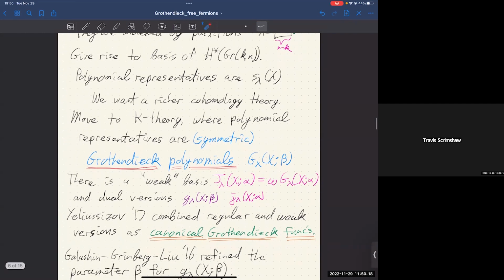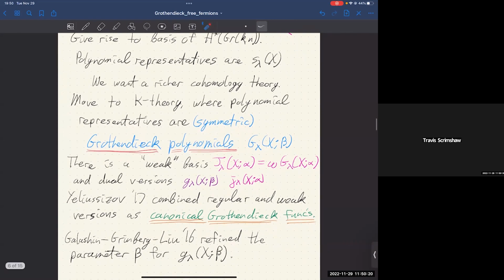And we want polynomial representatives. And we know what these are. These are these things called symmetric Grothendieck polynomials. Typically, I'm going to drop the word symmetric because I'm not going to deal with the non-symmetric forms, which come from the flag variety.